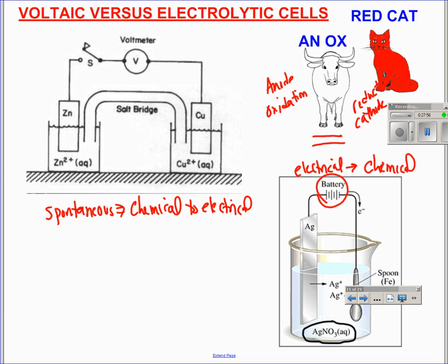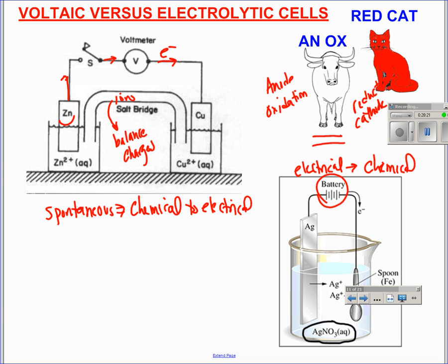Now, we're not going to have time to go through this whole thing, but real quick, you need to have a salt bridge in the voltaic cell. Ions move in the salt bridge, ions migrate, and the idea is to balance the charges in the half cells. Through the wire, electrons move.